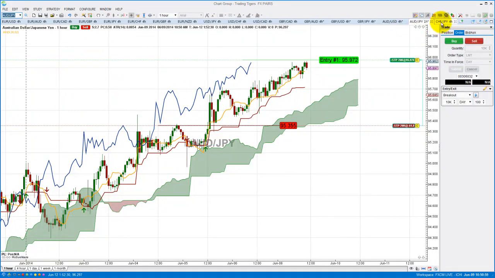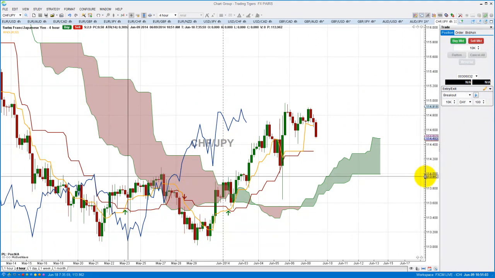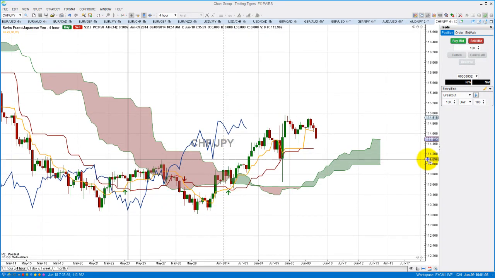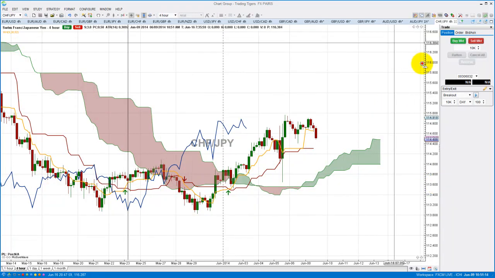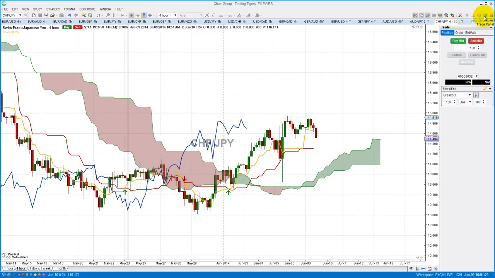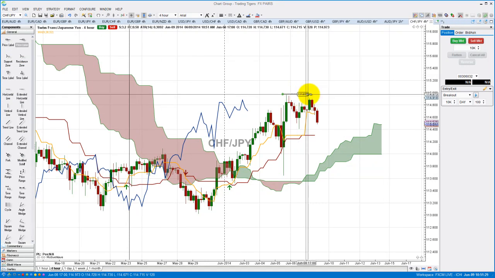Okay, next one is Swiss Japanese yen, and so we're on a decline right now there, as you can see. That doesn't mean that we wouldn't take that trade accordingly, and we can put an entry at the top here.